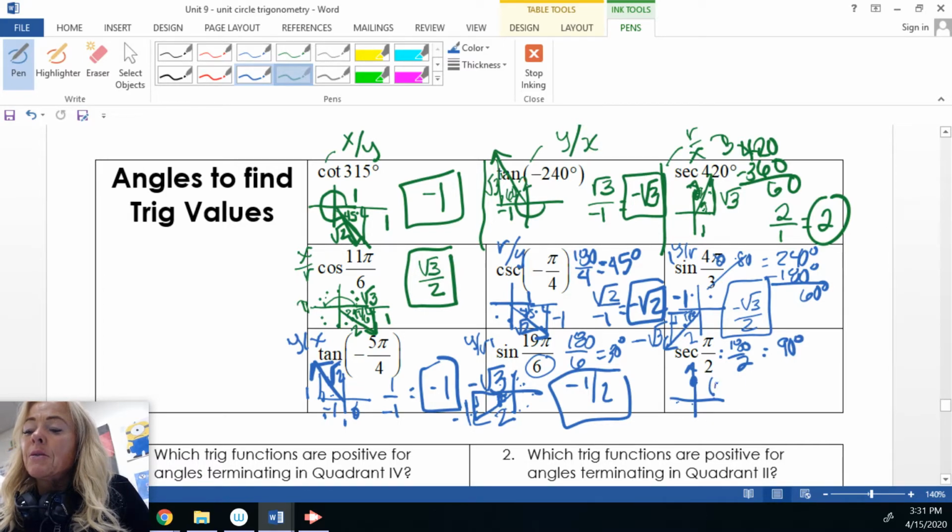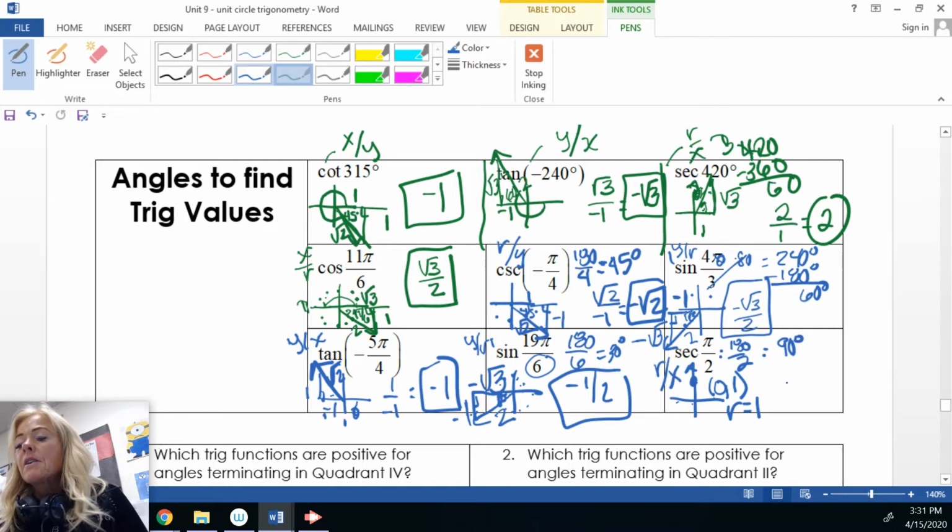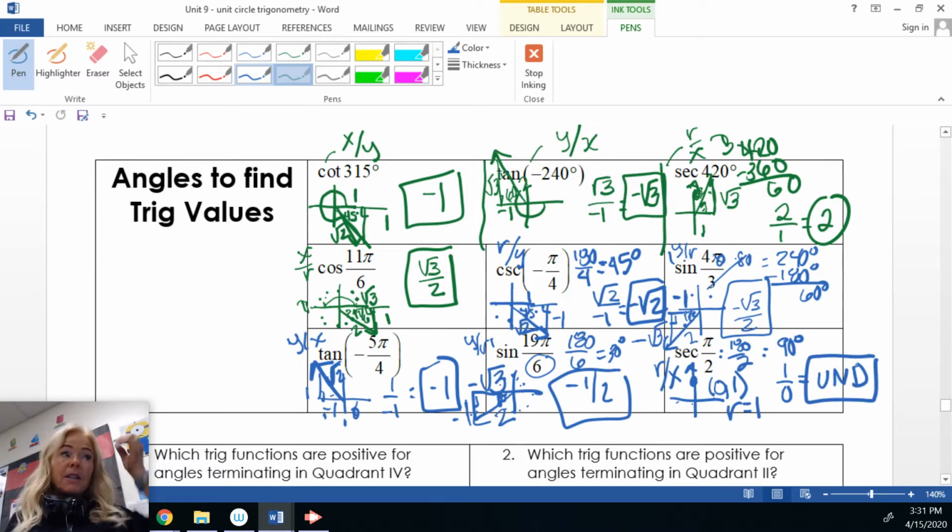Our coordinate is 0 over and 1 up, and our r is 1 because it's a quadrantal angle. Secant is the reciprocal of cosine, so r over x. R is 1, x is 0, so that one is undefined. Right? And that's how you're going to find all of these angles.